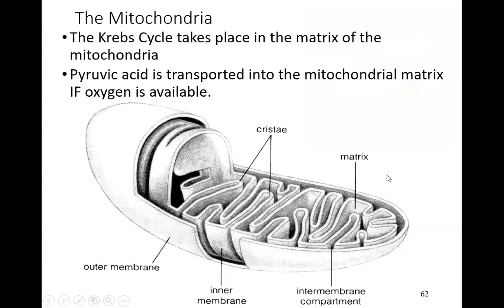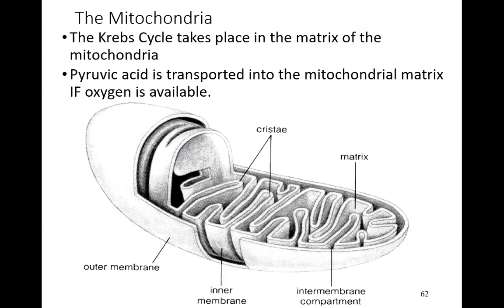Okay. Now, we move into the mitochondria. We have the Krebs cycle taking place in the mitochondria. The pyruvic acid, the 2 3-carbon compounds, come into the mitochondria if we have oxygen present.